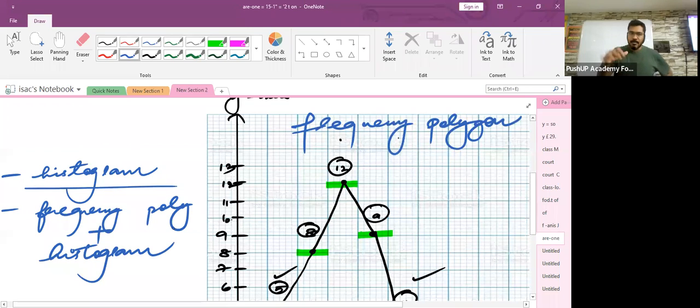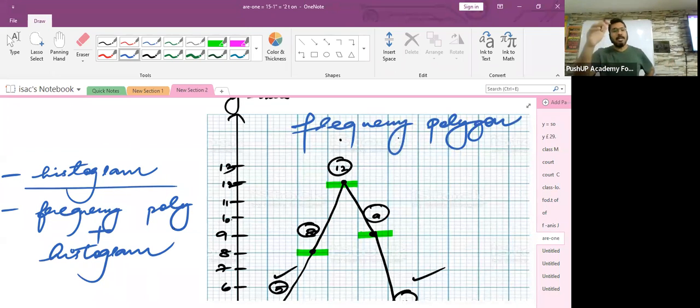First, we will be learning histogram, and then how to draw a frequency polygon and a histogram together in the same graph paper. All right. So please come for the class on or before time and cooperate.